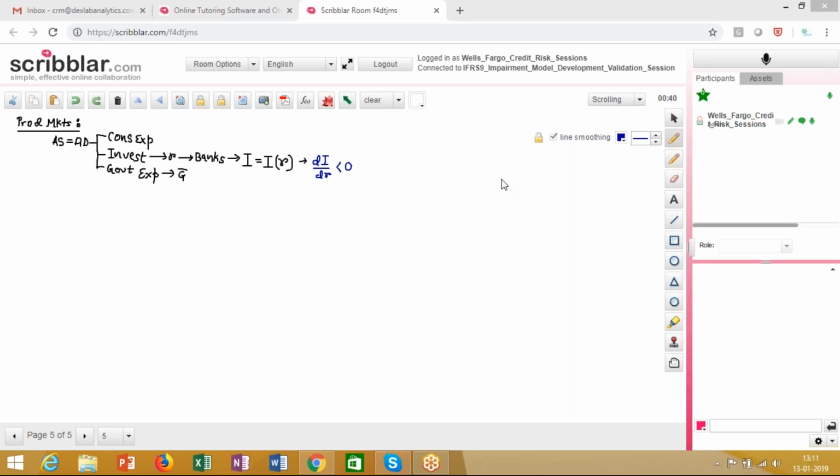Okay, so as I was saying, when the interest rate goes up, the investments in the economy will generally go down. Now, the second head that we have over here is the consumption expenditure. Consumption expenditure is a function of the GNP, or the income which is generated within the economy. And we assume that both consumption expenditure and investments are proportionately related to the respective explanatory variables.